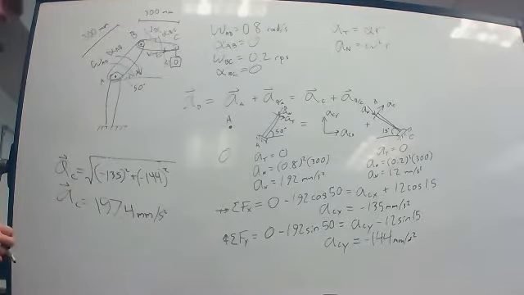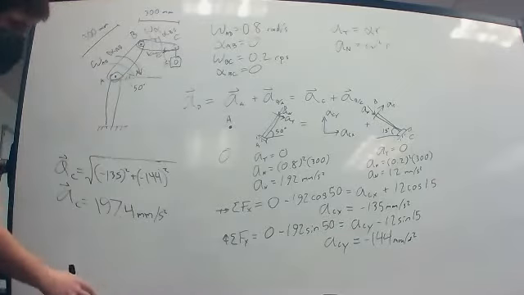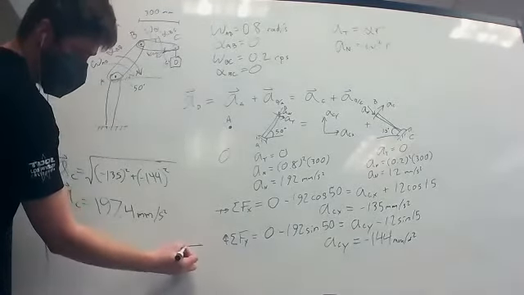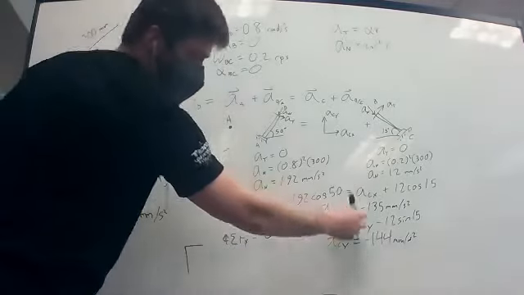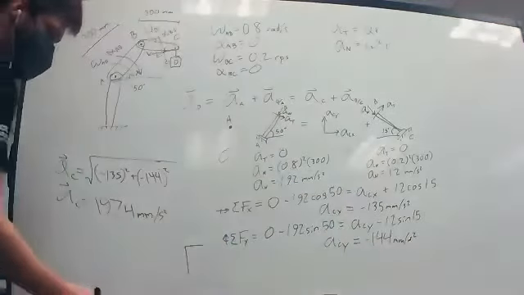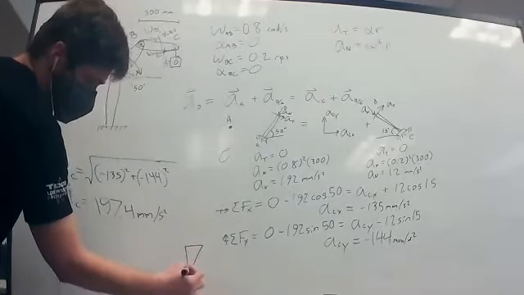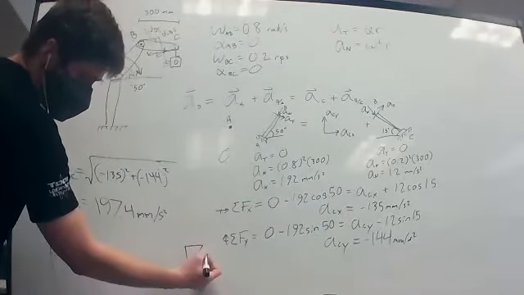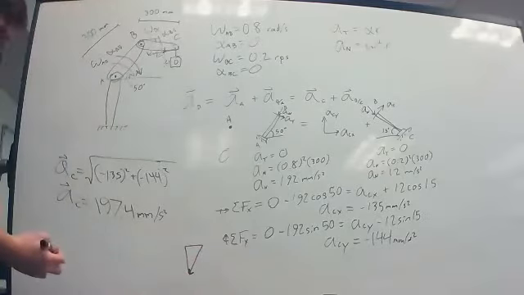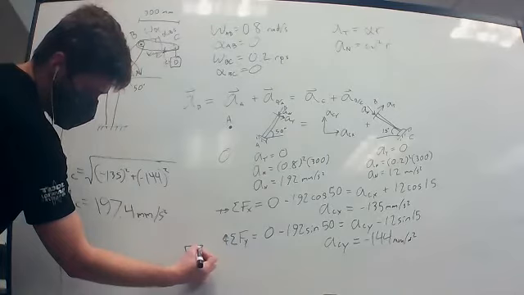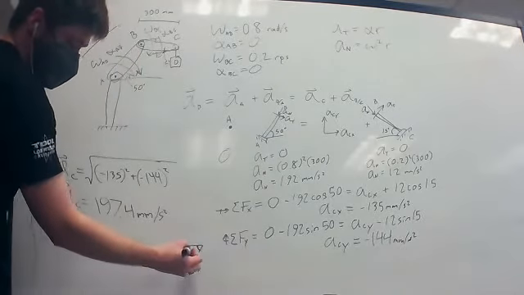And if we know that our components, if we start from here, our x component goes left and our y component goes down, we know that because we have minus and minus. So our acceleration is going to look something like this, drawn from the start point to the end point. So we can find this angle by doing tangent of this theta.